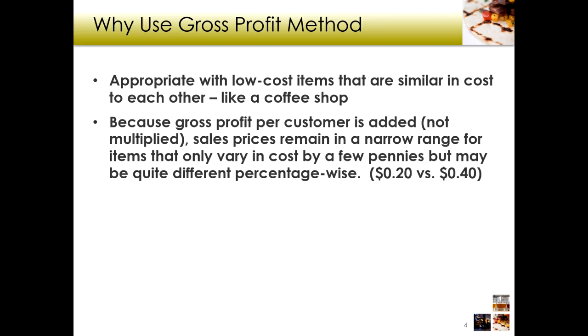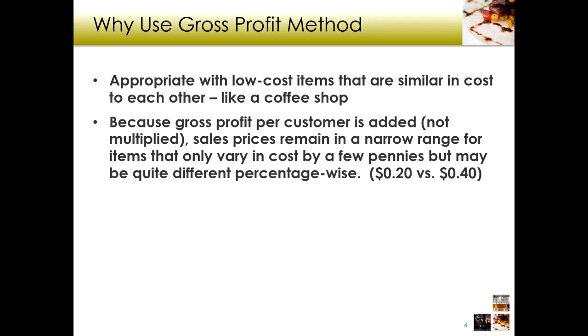Because gross profit per customer is added, not multiplied, sales remain in a narrow range of items that only vary in cost by a few pennies, and may be quite different percentage wise. So say you have six different muffins on your menu in your coffee shop. Generally the food cost is going to vary by maybe a couple of pennies, right? 25 cents for this muffin, 27 cents for that muffin, 23 cents for that muffin.